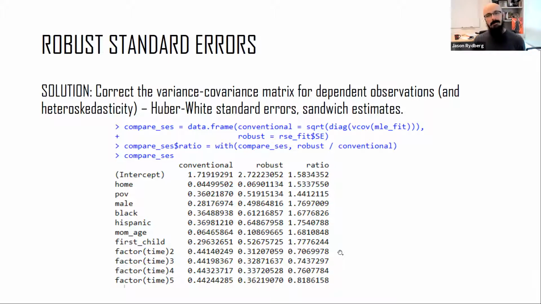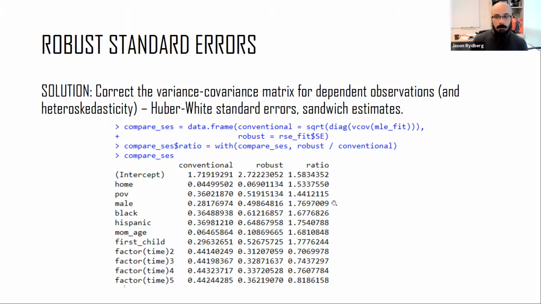I can't remember exactly why that happens. It might be just due to the features of these particular data, and I don't know if we could expect that all the time. But the thing to note is that the amount of correction will vary from variable to variable, and depending on the amount of dependence, you will get larger corrections for some.